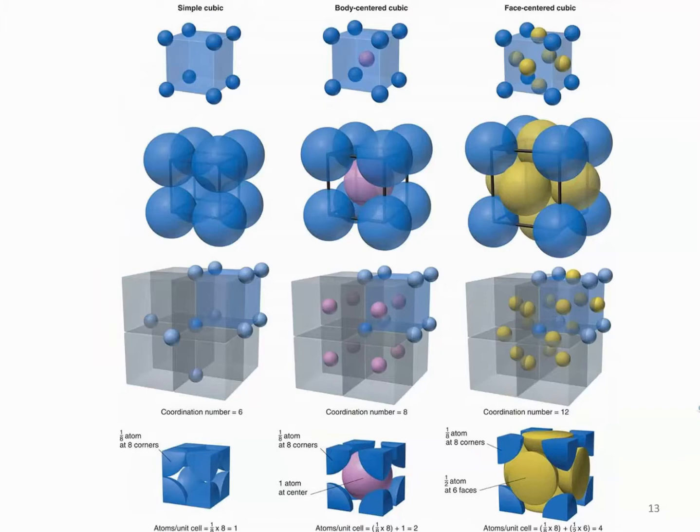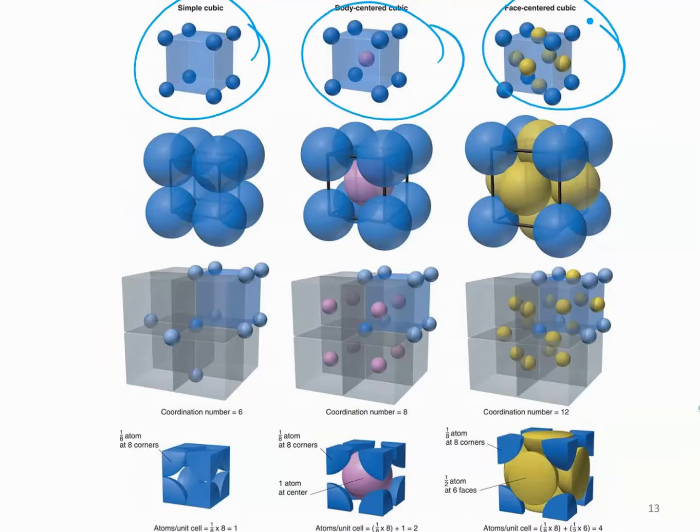Okay, so this is the arrangement of the cubic system. We have simple cubic here, body center cubic here, and face center cubic here. It looks very simple, but in fact, it involves many symmetries inside.